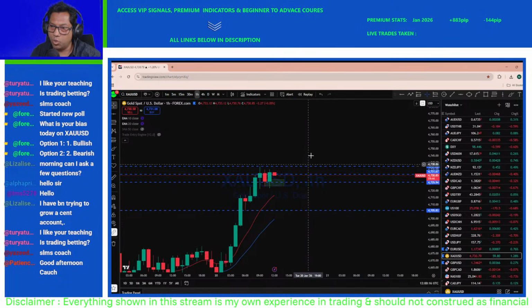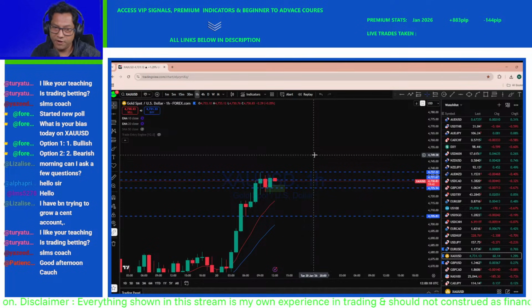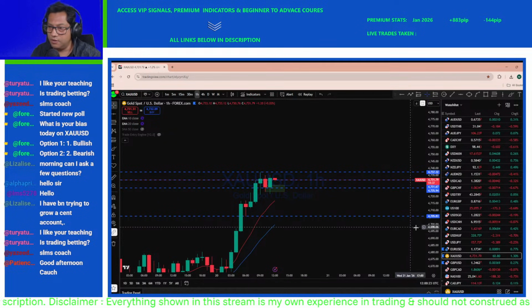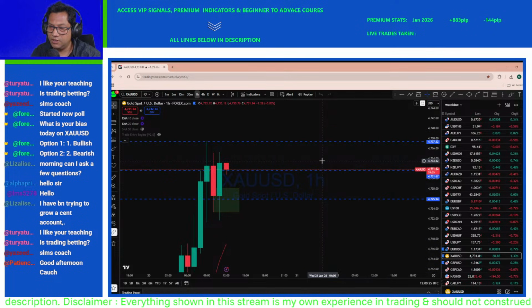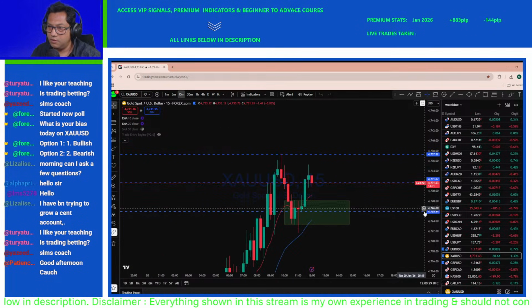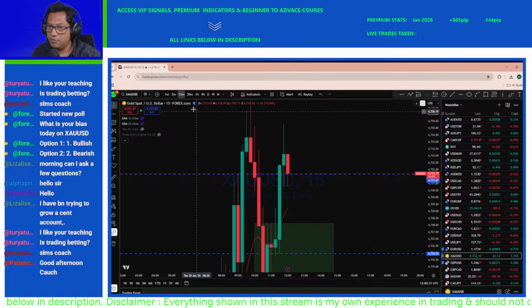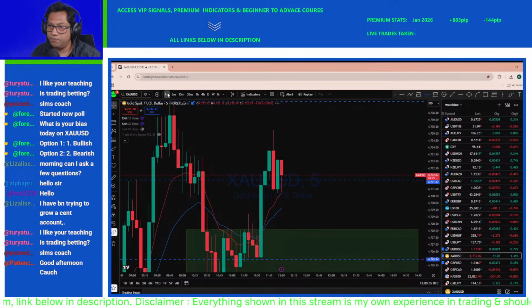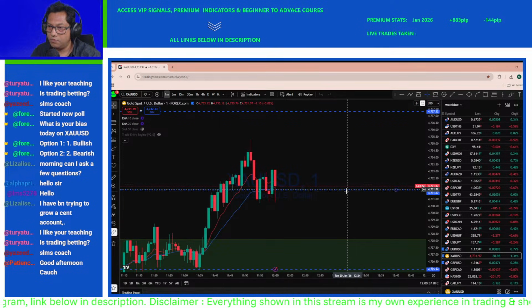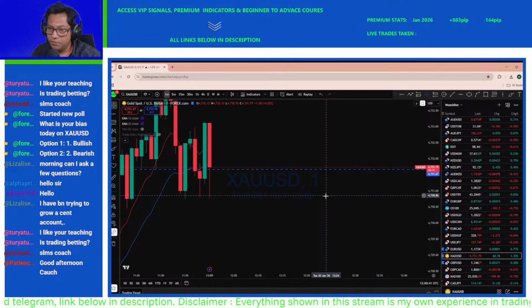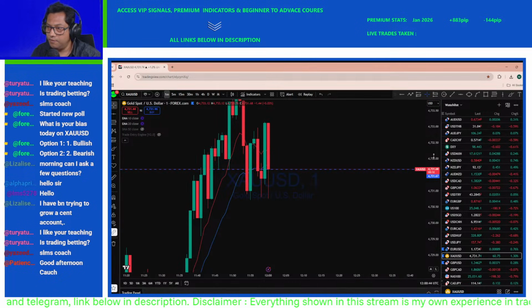With this 1 hour bullish engulfer formation here, the market is moving from this support. This is a triple bottom here.